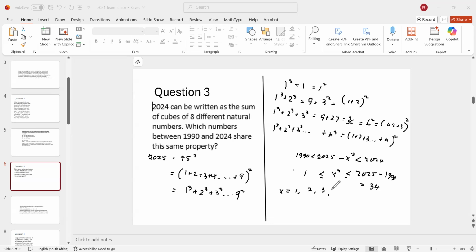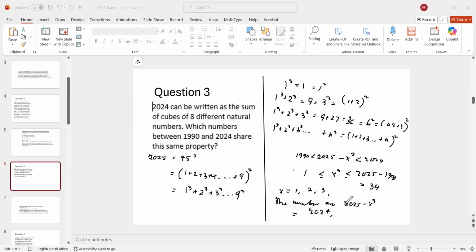And you want to know which numbers satisfy this property. So you have to take out the numbers. It's 2025 minus x cubed. When x is 1, then you've got 2025 minus 1.